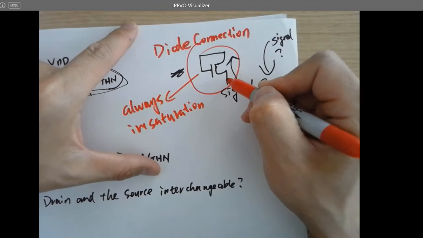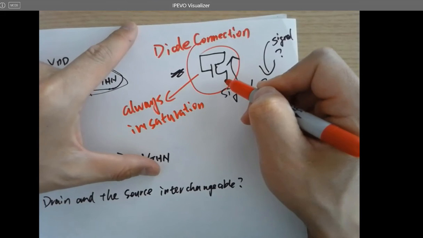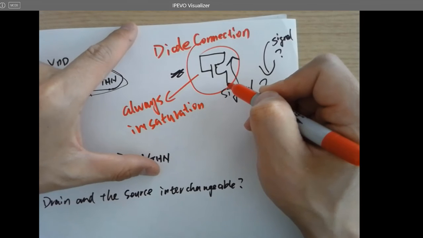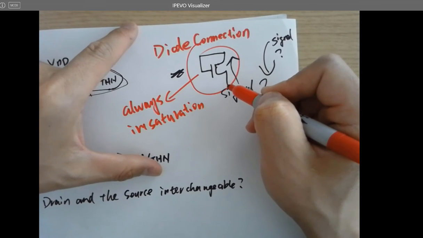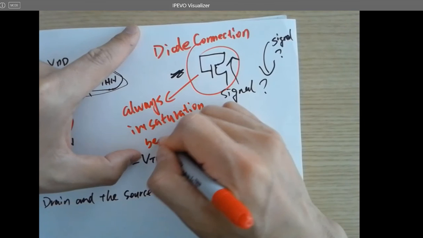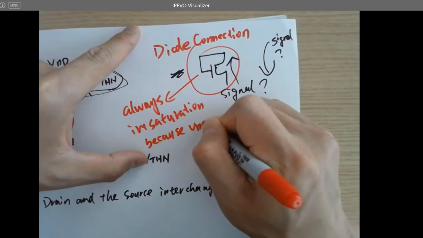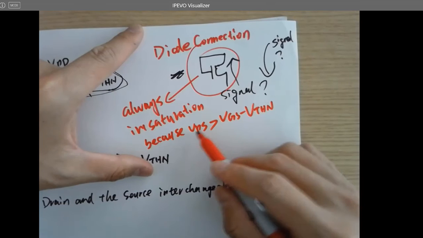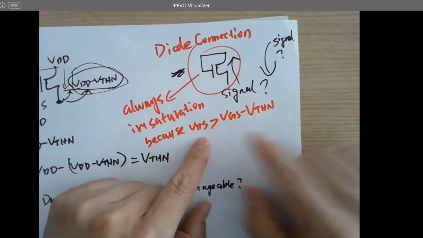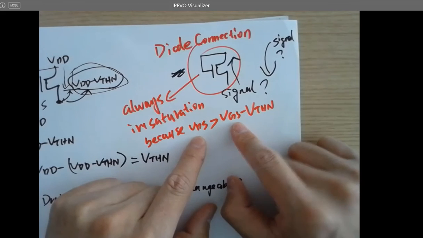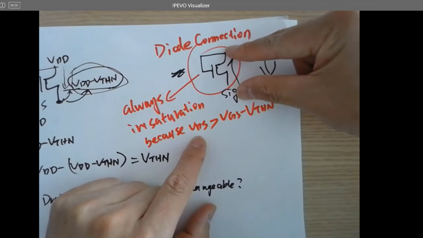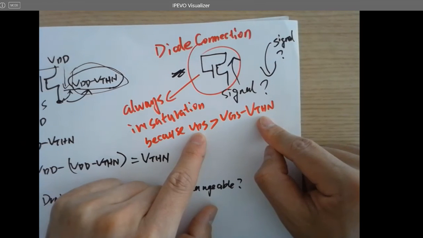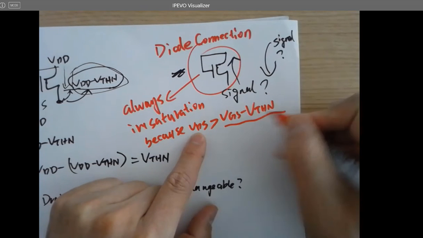Why? Because VDS is always larger than VGS minus VTHN. Because it's being shorted, VDS equals VGS. So definitely VDS is larger than VGS minus something. And what is this?